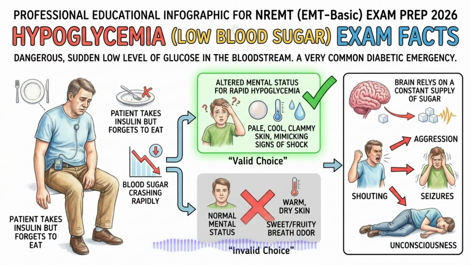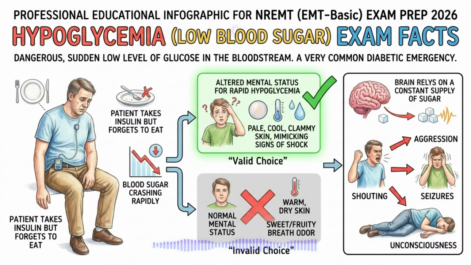Hypoglycemia, or low blood sugar, is the most common diabetic emergency you will see, and it happens very quickly. This usually occurs when a diabetic patient takes their insulin medication but forgets to eat a meal, causing their blood sugar to crash dangerously low.